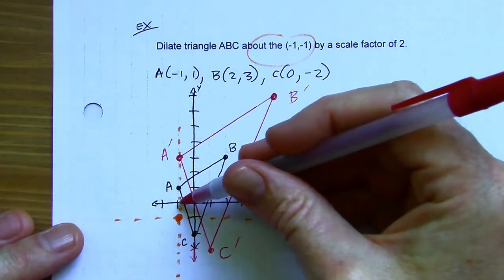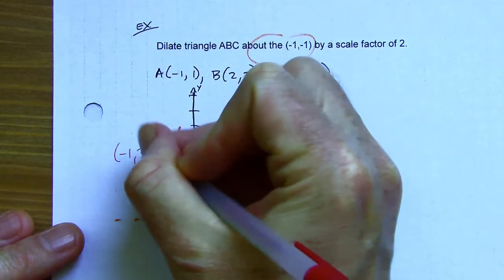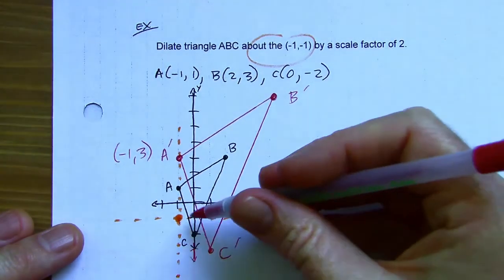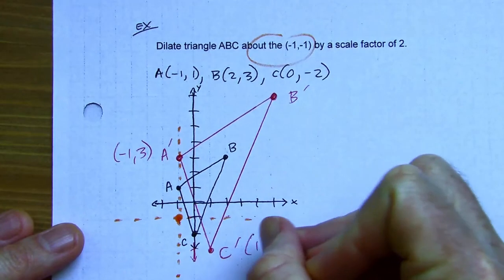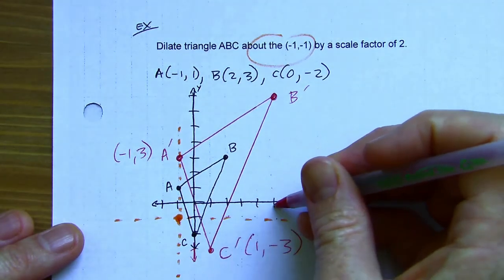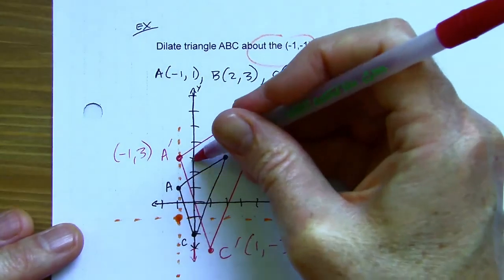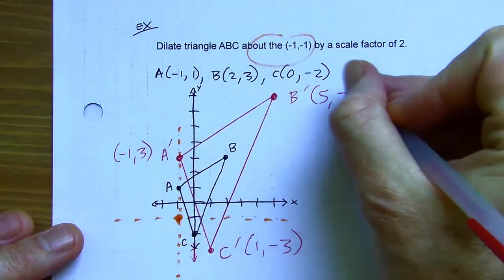So this is 1 left, 1, 2, 3 up. This is 1 to the right, 1, 2, 3 down. And I've got 1, 2, 3, 4, 5, and 1, 2, 3, 4, 5, 6, 7. So this should be the point 5, 7 if I counted correctly.